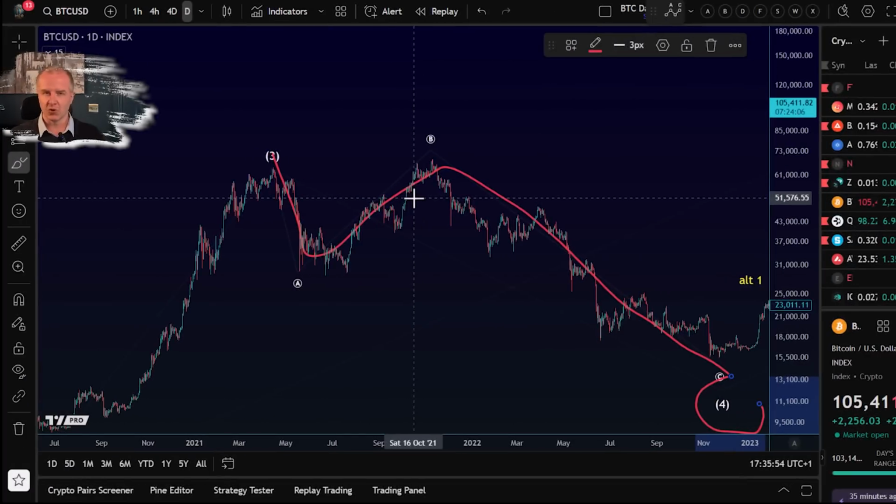It can be a zigzag pattern, it can be a flat correction. Typically, these are the two choices. Of course, there are textbook patterns, but in practice, they are often not that different between a zigzag and a flat. There are many mixed versions as well.